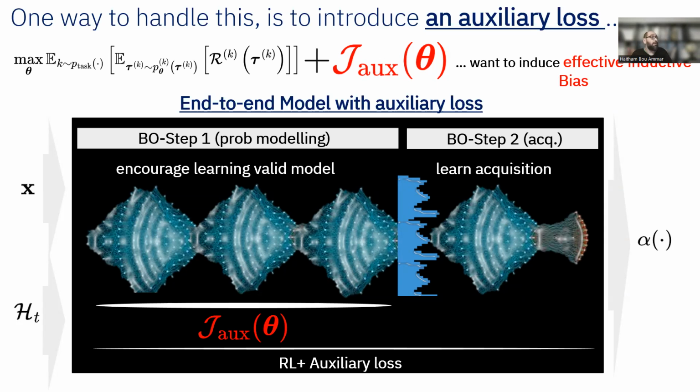Now, this problem, fortunately, is very well known to the reinforcement learning community. Reward sparsity is maybe the most researched question in reinforcement learning. So the question is, can we borrow some ideas from RL people and put them in MetaBO in order to get end-to-end BO happening?